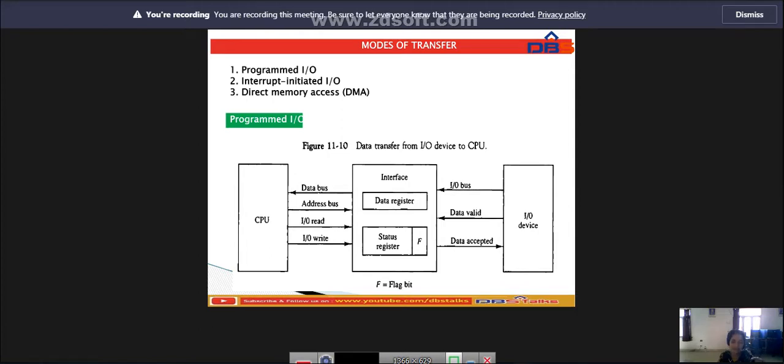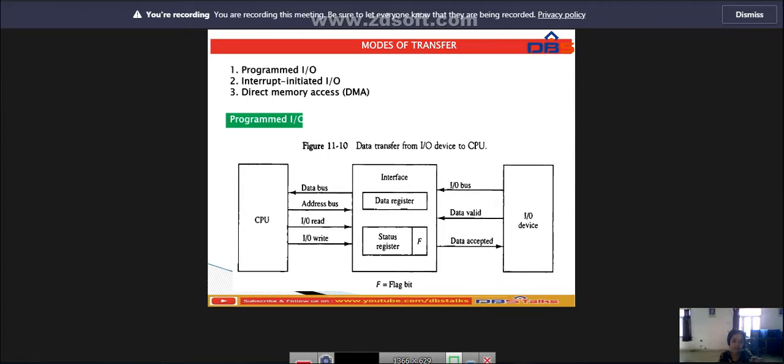I will give a brief explanation of this diagram of programmed input output. It has the CPU, the interface and the input output devices. In the interface I have the data register and the status register, and in the status register there is a flag bit.